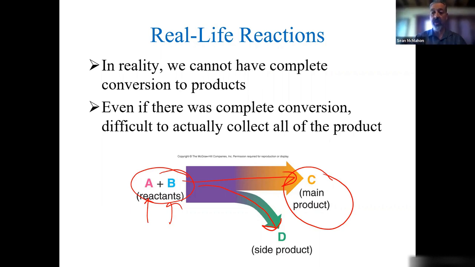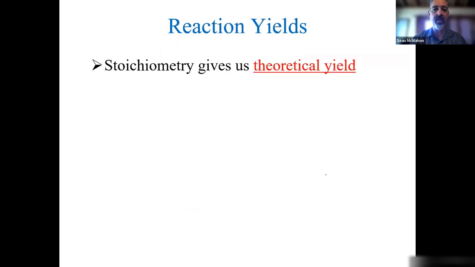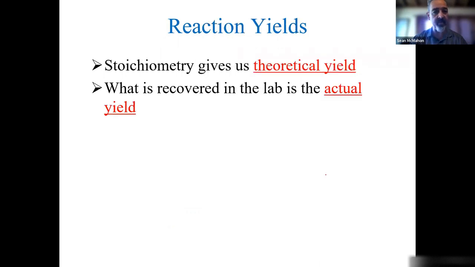So stoichiometry gives us the theoretical yield because everything works out perfect on paper. This is what in theory we should get, but we don't actually get what should work out perfectly on paper. So stoichiometry gives us theoretical, but what we actually obtain in lab is referred to as the actual yield.